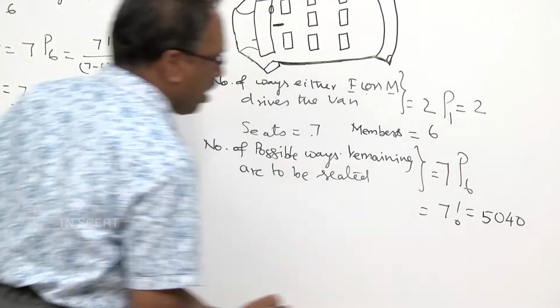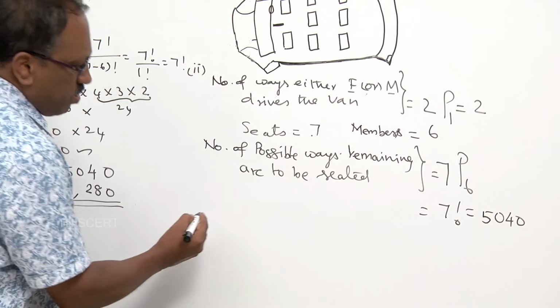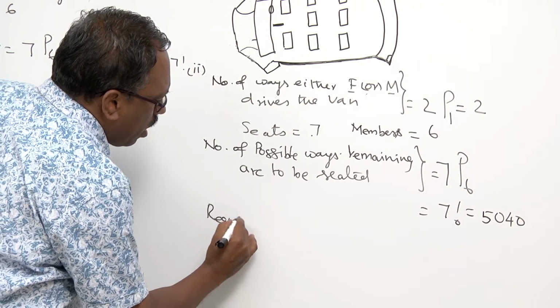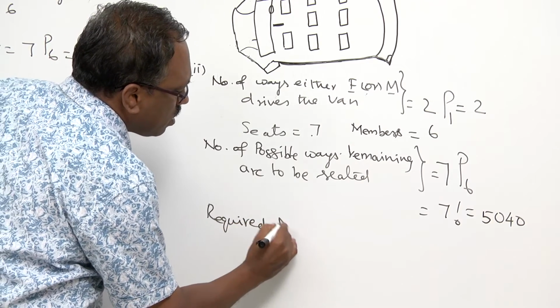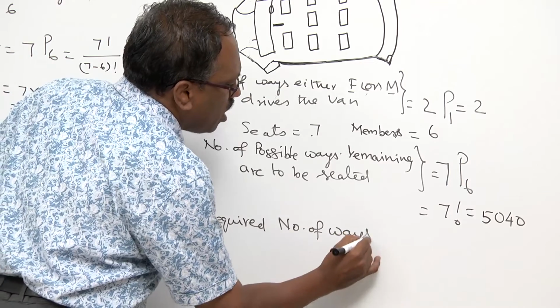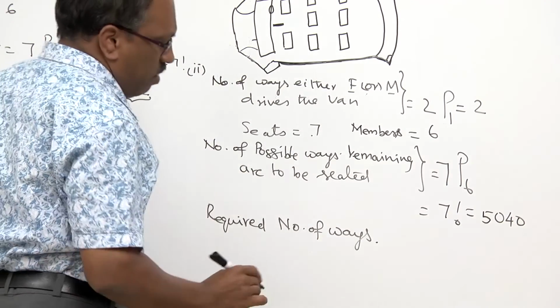Previously we calculated this value here. So now the required number of ways. The condition is, either father or mother to drive.